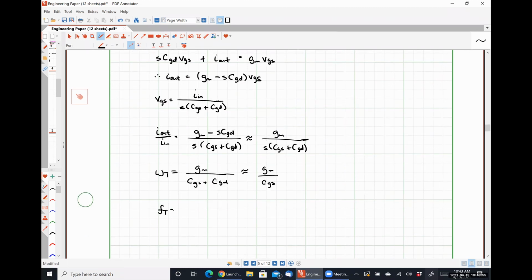And our linear transit frequency is then gm over, I'm trying to do this so fast, I'm making dumb mistakes, 2 pi times CGS plus CGD, or gm over 2 pi CGS. Our transit frequency is again representative of the maximum switching speed that our transistor can have.